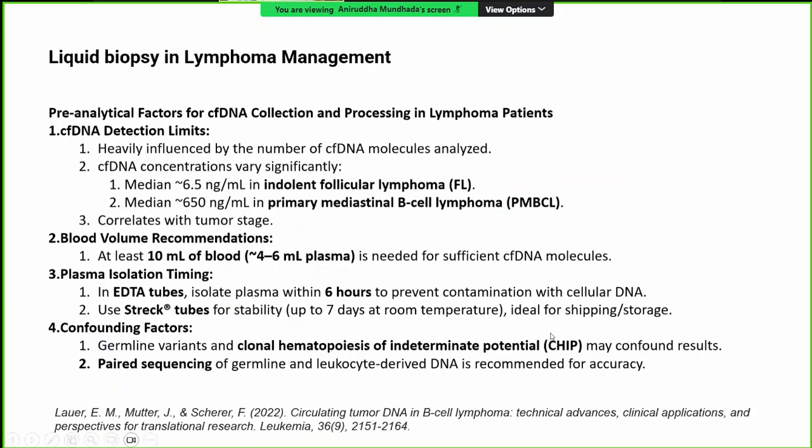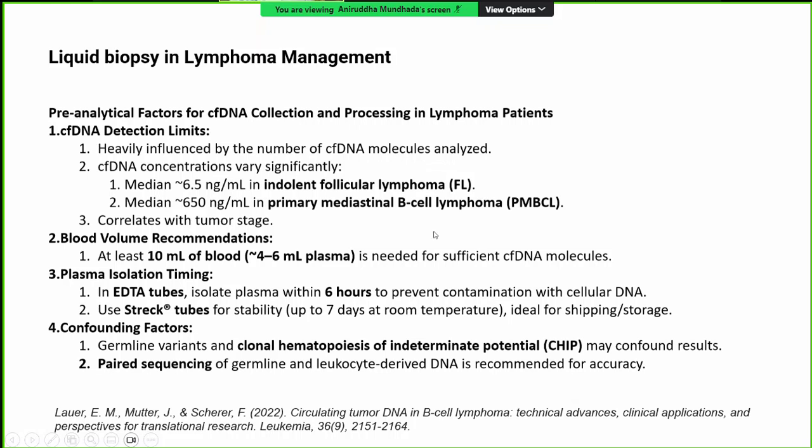Coming to lymphoma management, there are pre-analytical features which will help in preservation of ctDNA. Usually follicular lymphoma is quite a cohesive lymphoma, so it does not shed such DNA much. But in PMBCL or DLBCL, it is much more because it is not as cohesive as follicular lymphoma.